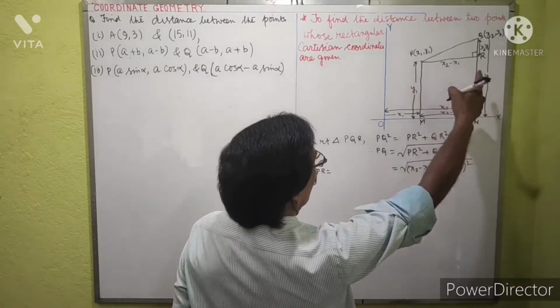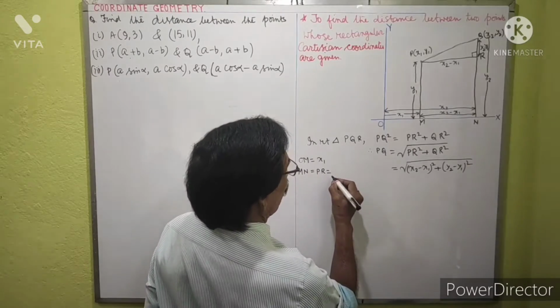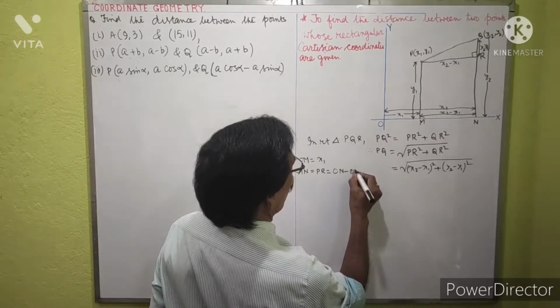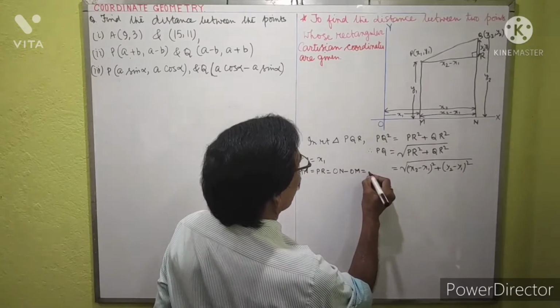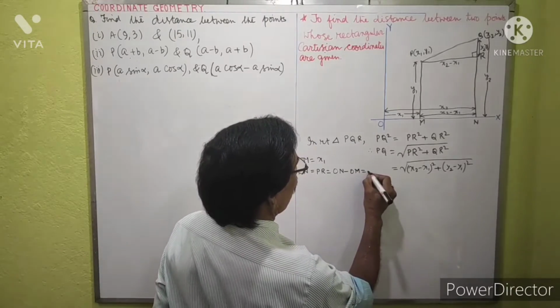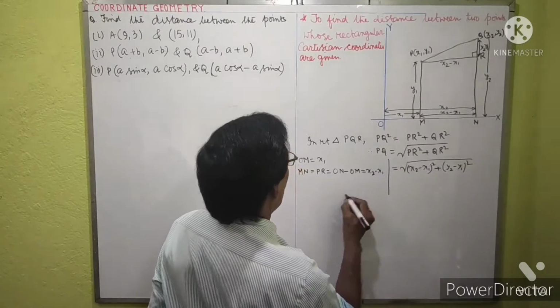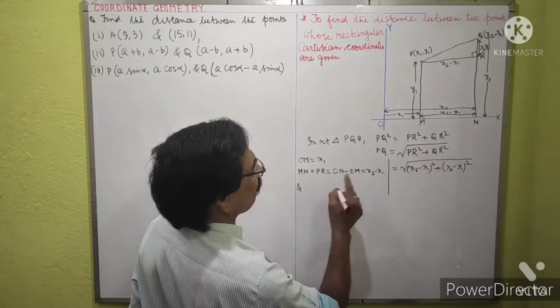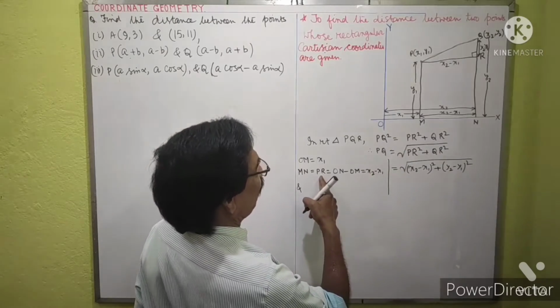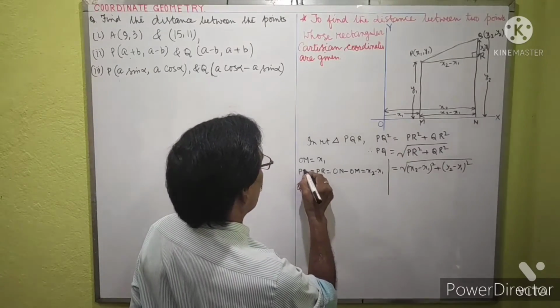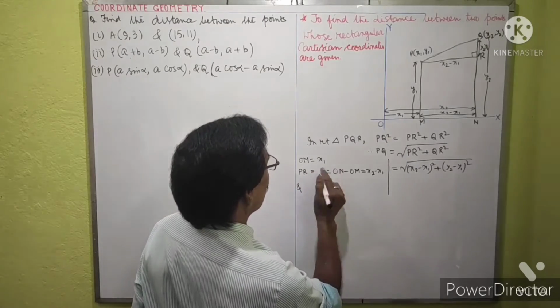MN equal to PR equal to ON minus OM, you may say this is x2 minus x1. MN equal to PR.